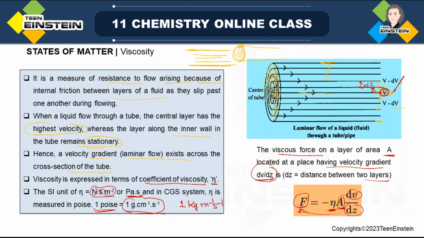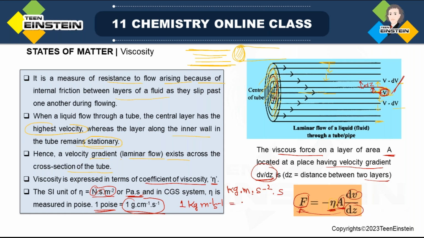Now how can you get this from Newton second per meter square? Newton is basically kg into meter per second square, and there is already a second present, right?